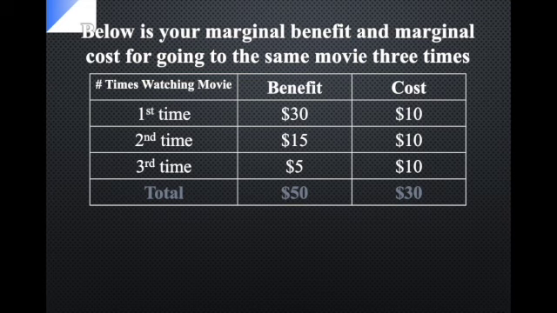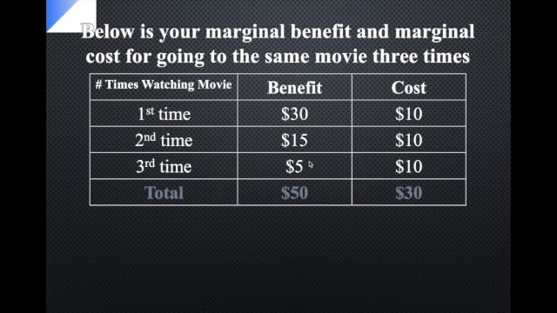What happens if another friend wants to go to the same movie? That would mean it's the third time you've seen the same movie at the movie theater. Well, in this particular instance, going from the second time to the third time, we're losing utility, we're losing benefit. So the benefit's only going to be $5, but the cost is going to be $10.